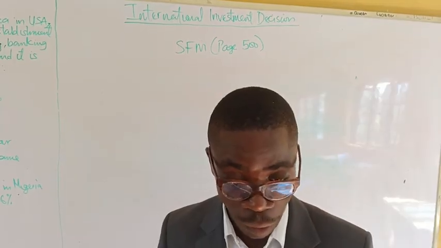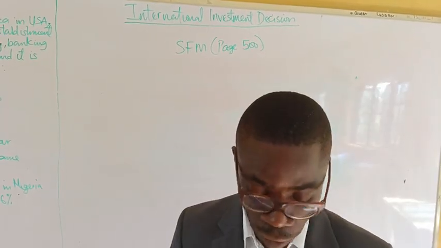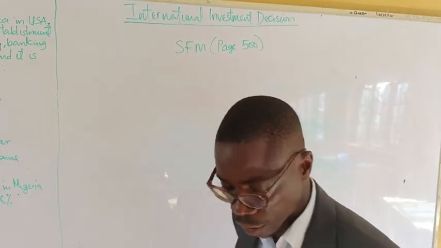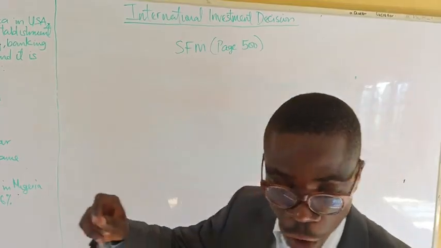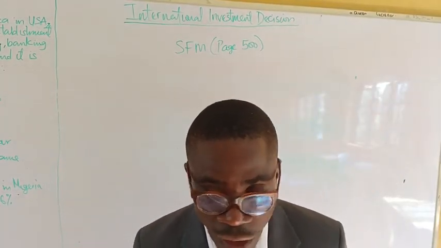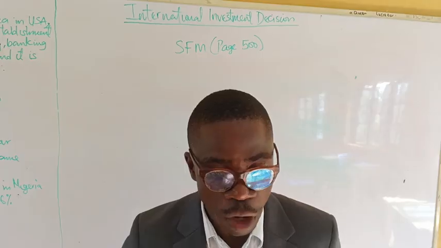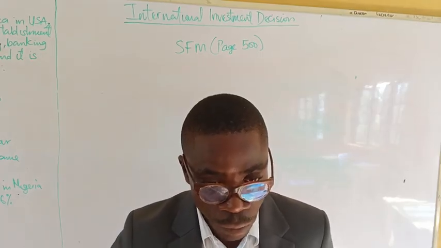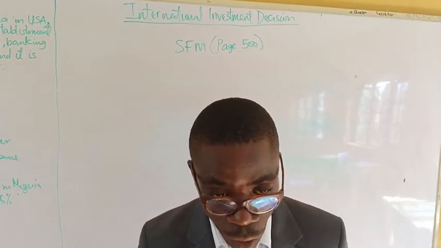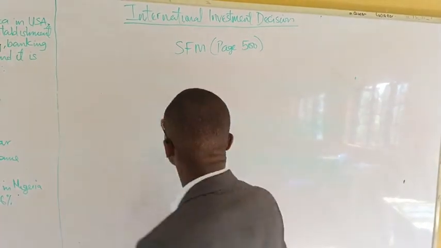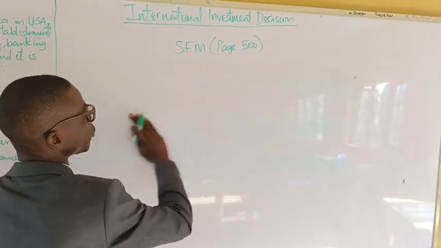Am I communicating? So let's discount it. They have given us the discount rate for the project in Ghana. What was the discounting rate? 10%. Am I right? So method 1.